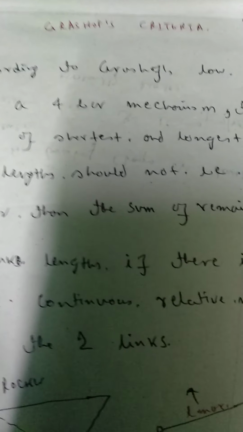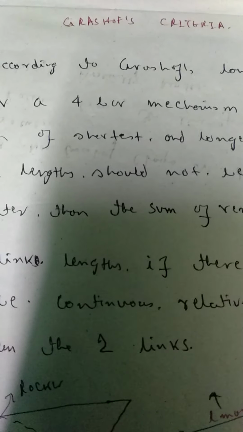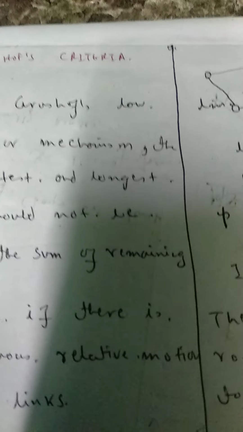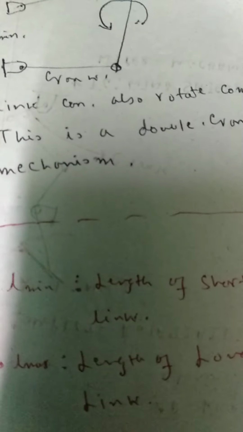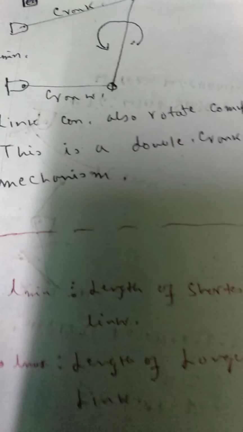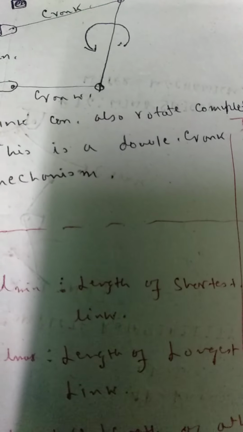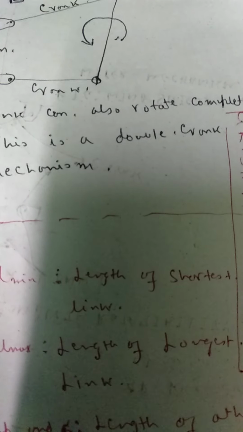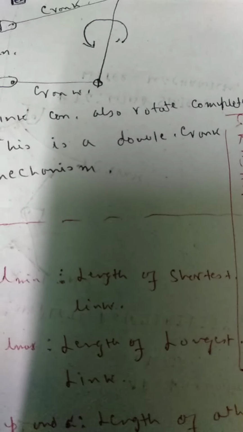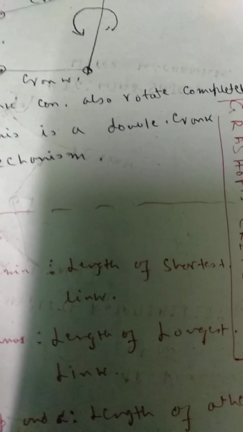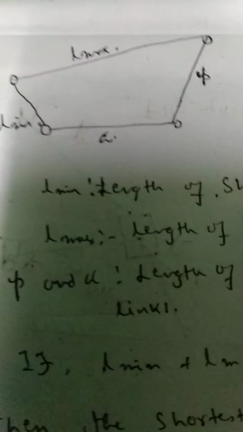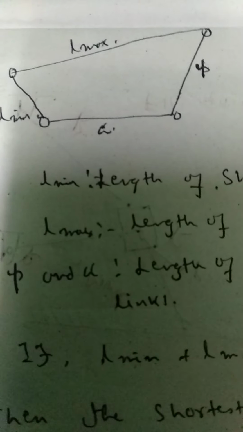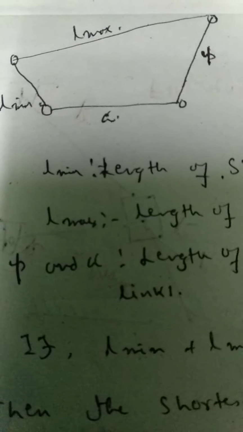So if a kinematic chain satisfies this criterion, that is, one link can rotate completely about the other links, then we can say that this kinematic chain is a Grashof 4R chain. If one link can rotate with respect to another link, then it can also rotate with respect to all the other links.